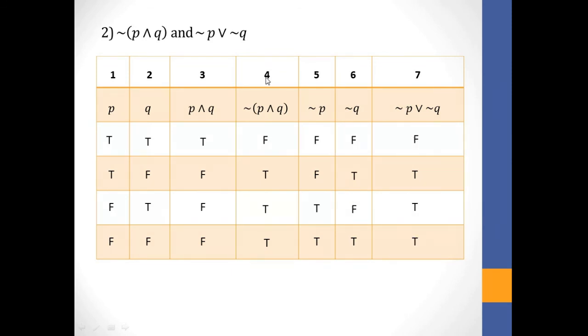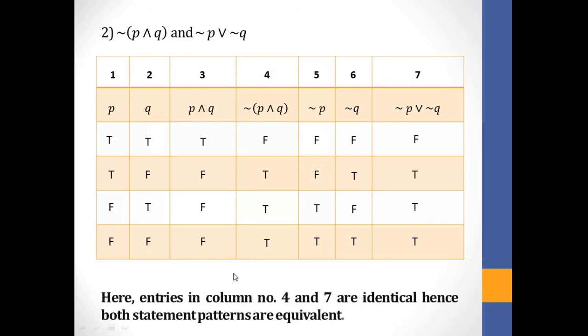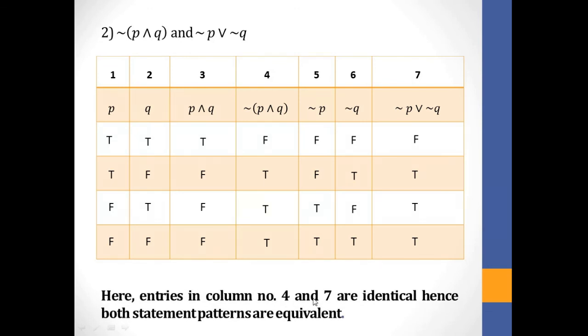So compare the entries in column number 4 and column number 7, they are the same: F, T, T, T. Okay, so entries in column number 4 and 7 are identical, hence both statement patterns are equivalent.